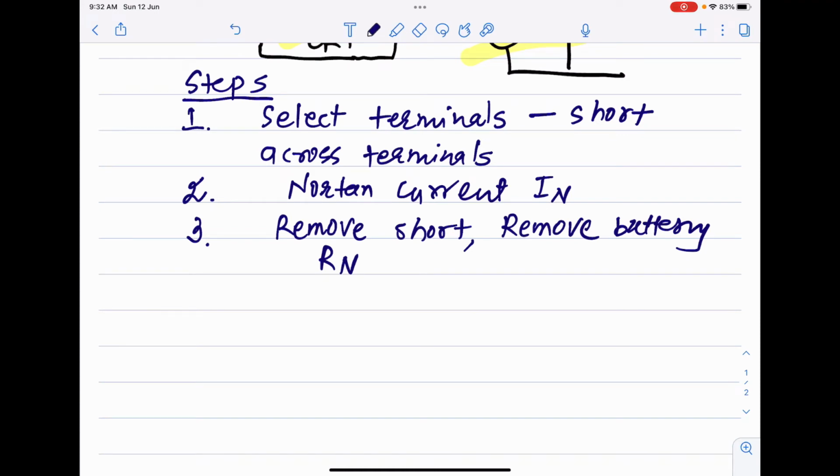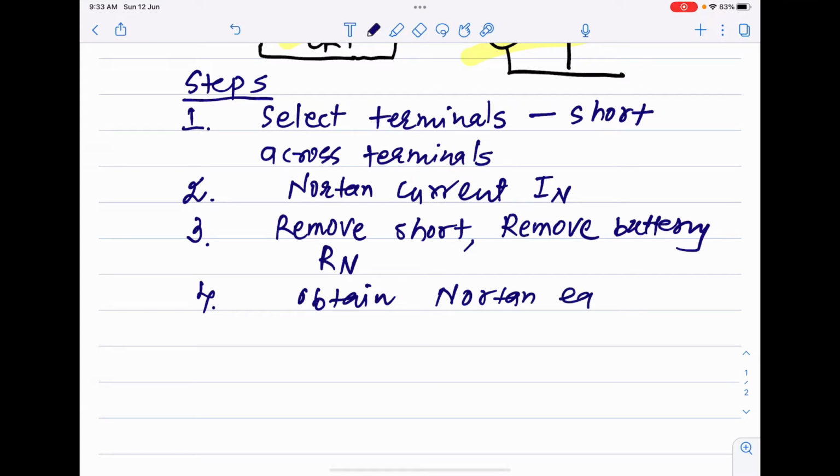So we will short the battery, remove the short across the terminals selected by us, and then calculate the Norton resistance. And then in the final step we will obtain the Norton equivalent circuit.